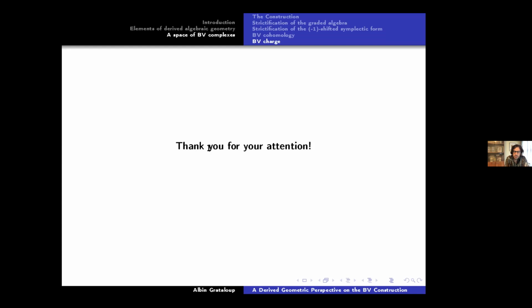I'd like to say that the BV complex is, for example, a symplectic reduction of the critical locus, and doing that in the derived sense would actually give directly a way to construct it somehow. This is what I'd like to say.